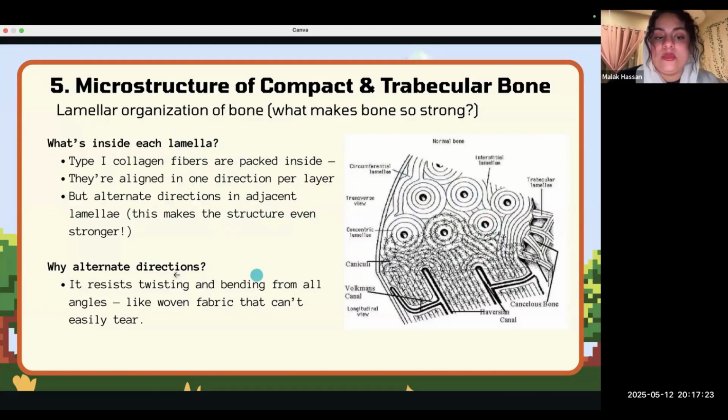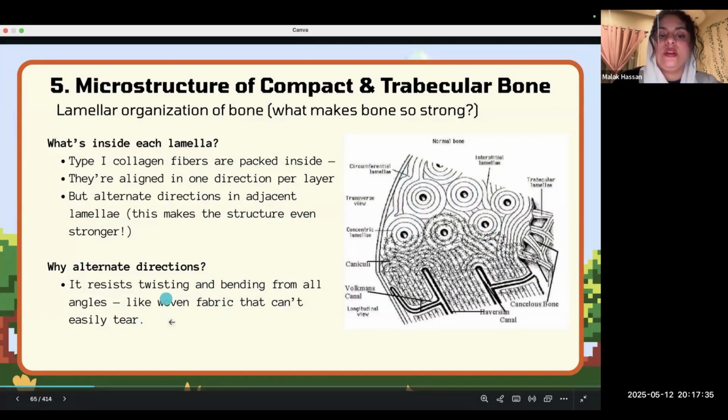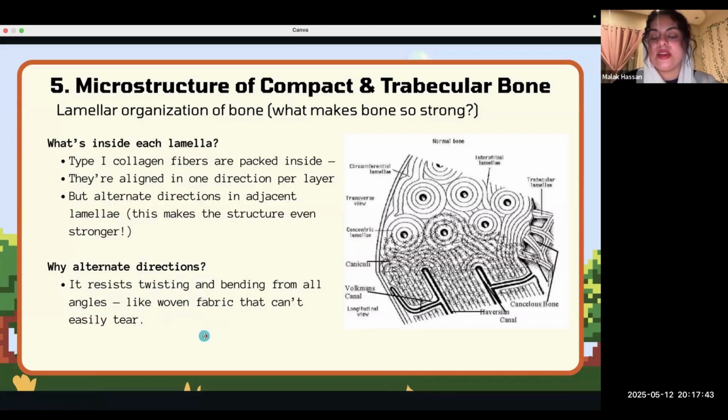Why alternate directions? Because it will resist bending and twisting at all angles. Think of it like a woven fabric that can't easily tear because the threads run in all directions, so when you try to pull it apart, it doesn't come apart.